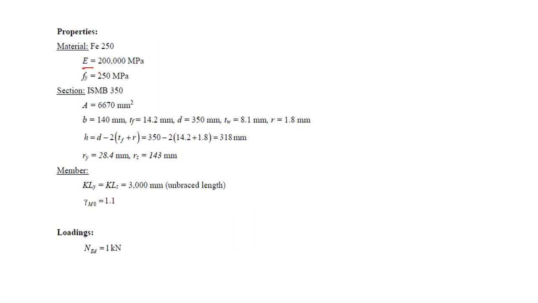We have the modulus of elasticity, Fy, and the section is ISMB 350. All the parameters regarding ISMB 350 will be in the steel table, or you can download them from the internet. You have the member length in the Y direction.